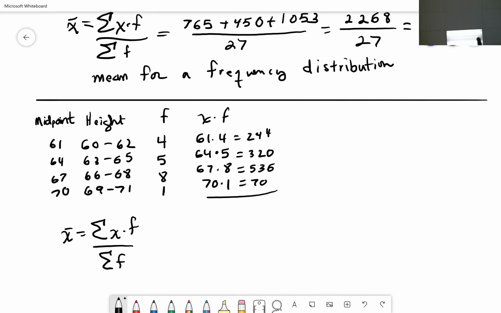So if you add these up, you get 1,170. If you add the frequencies up, you get 18. So basically, this is 1,170 divided by 18.